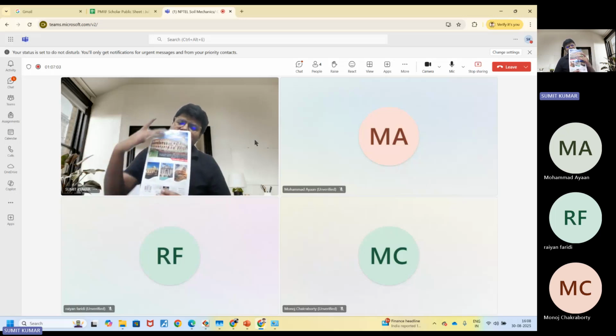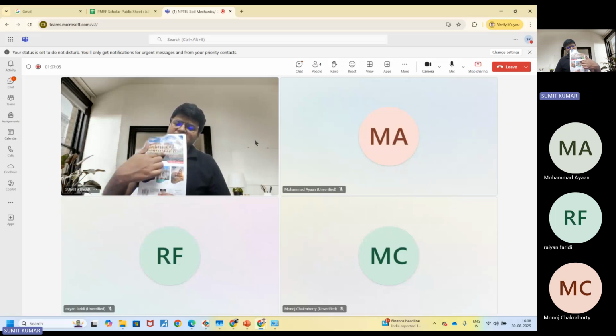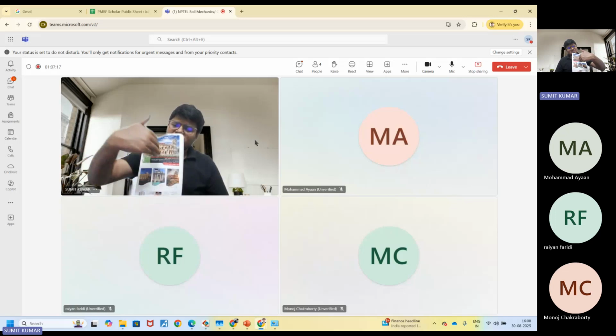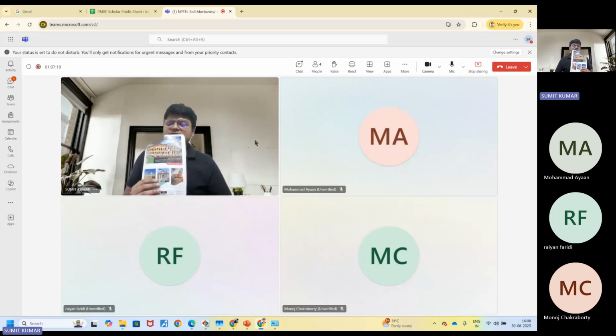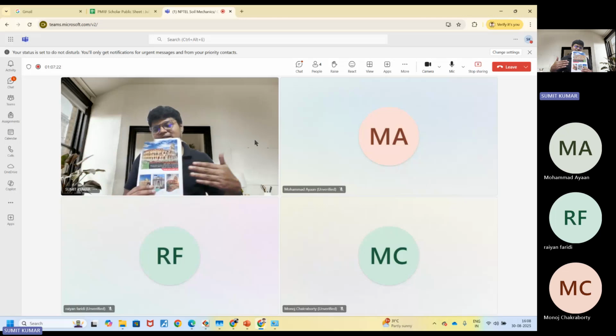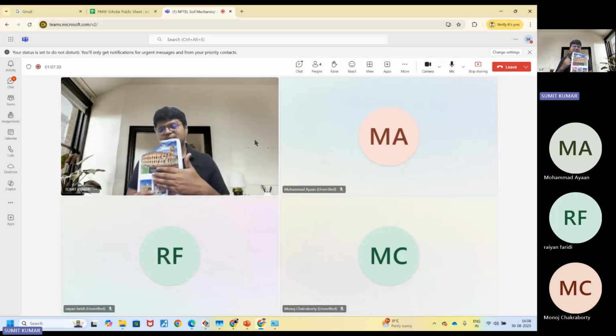If you take the soil at this point, the stress applied from the upward direction would be different, but the stress applied in the horizontal direction, from this side to this side, is the same. So if we say the horizontal direction is the x direction, this direction is the z direction, and the vertical direction is the y direction, then sigma y is different from sigma x and sigma z, but the sigma x and sigma z values at this point are the same. So in three-dimensional space, the stress acts in this format only, right?